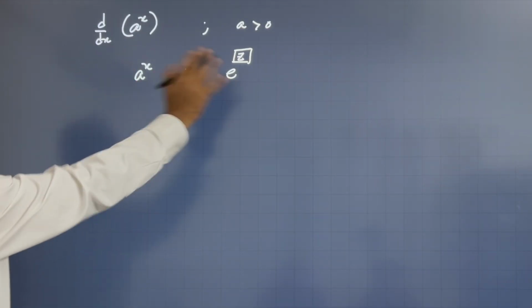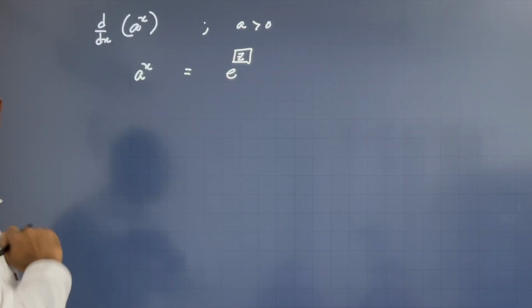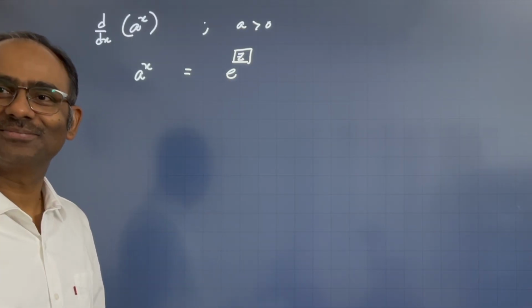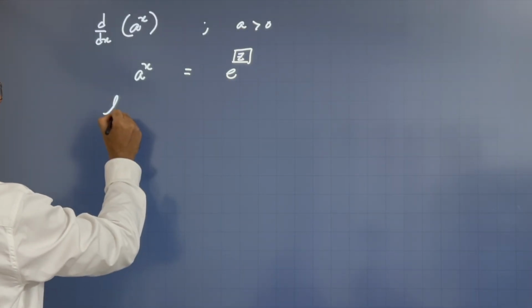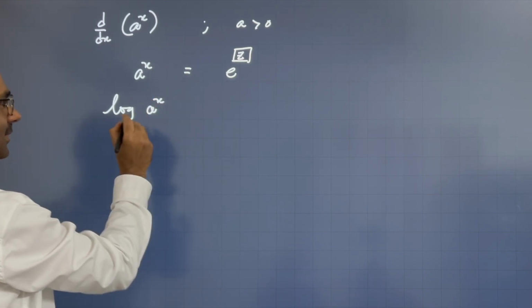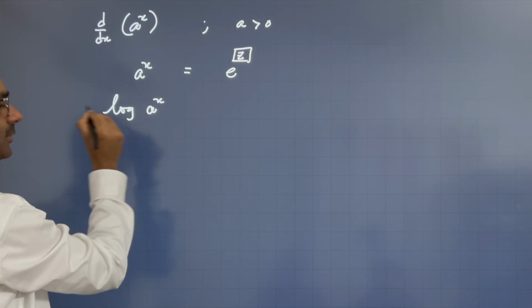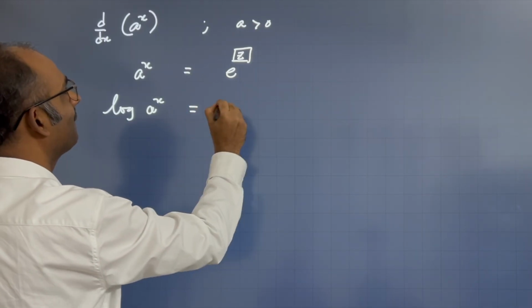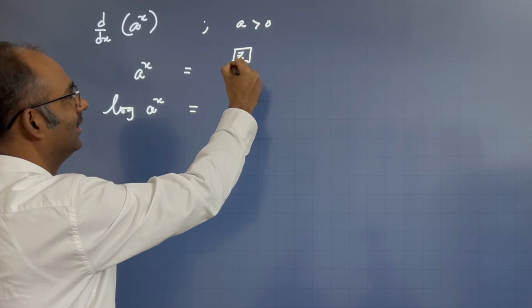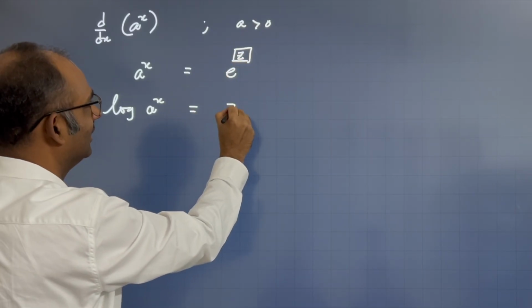Now let's take log on both sides. It's simple. Natural log. Let's take natural log on both sides. So z is equal to ln a to the x. Important, you should remember I am not putting anything here, which means natural log. So on the right hand side, log of z.